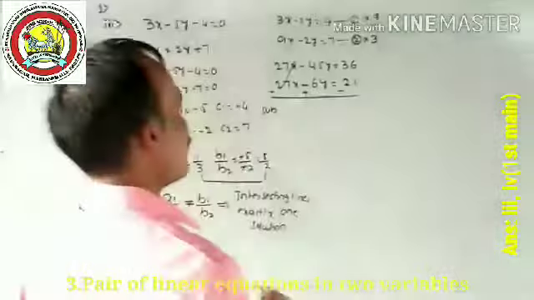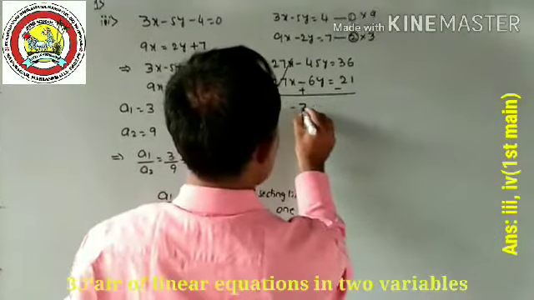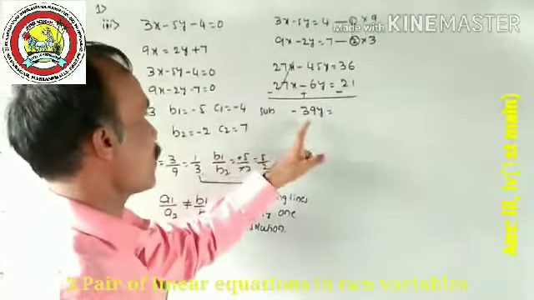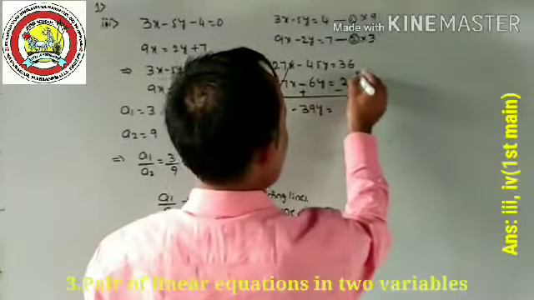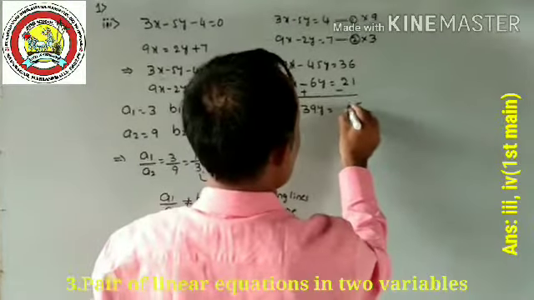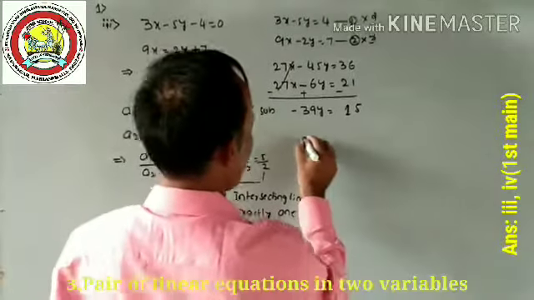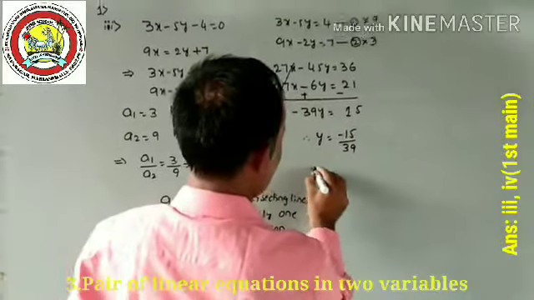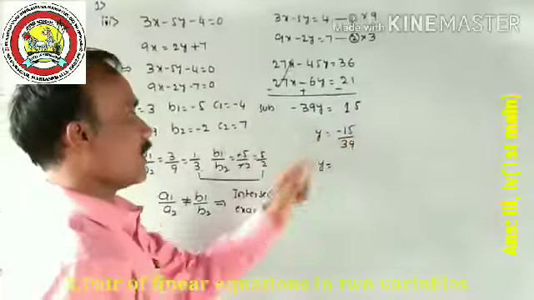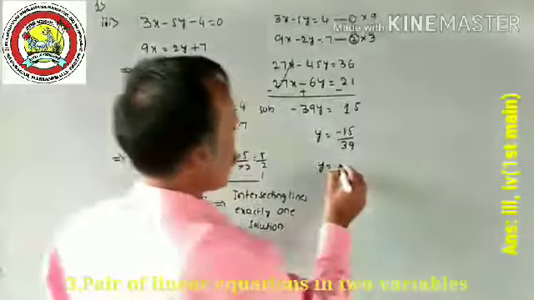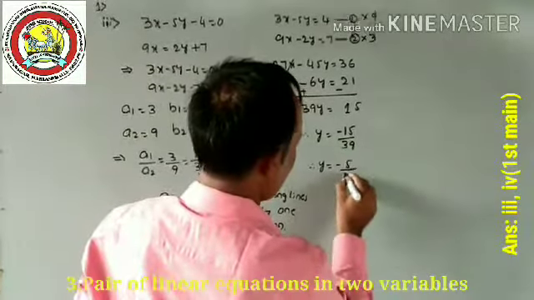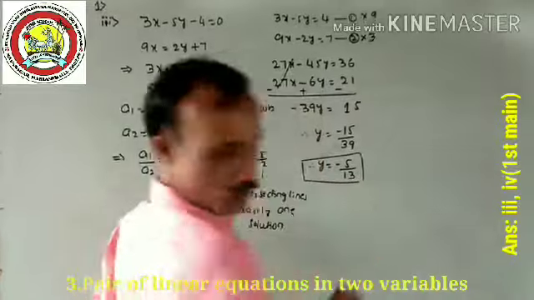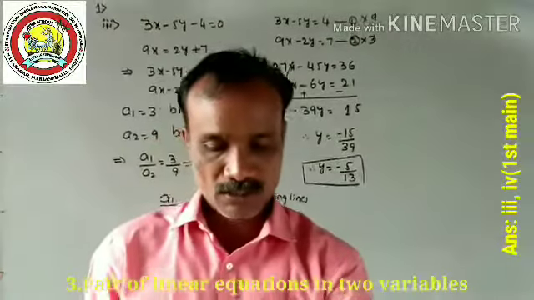Minus 45 plus 6 is minus 39y. 36 minus 21 is 15. Therefore y is equal to minus 15 by 39. Both 15 and 39 are multiples of 3, so 3 fives are 15, 3 thirteens are 39. So the value of y is equal to minus 5 by 13.